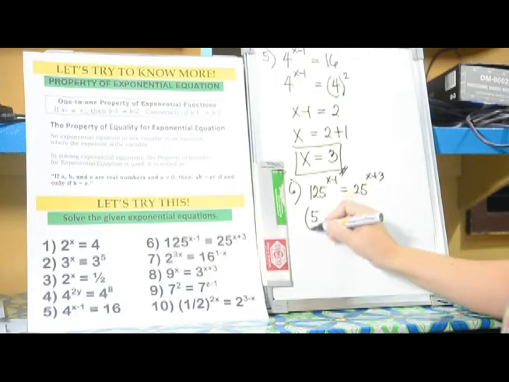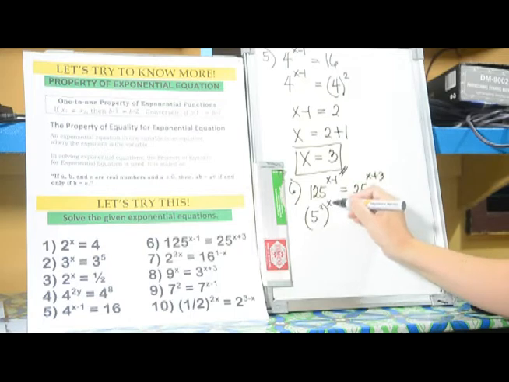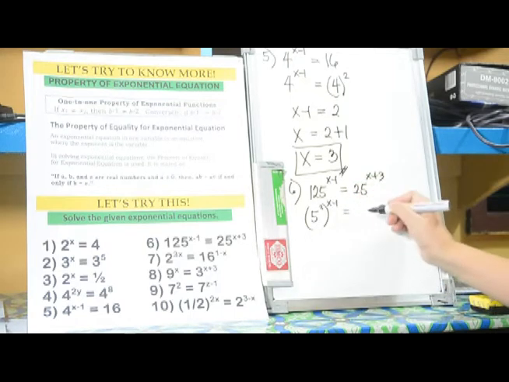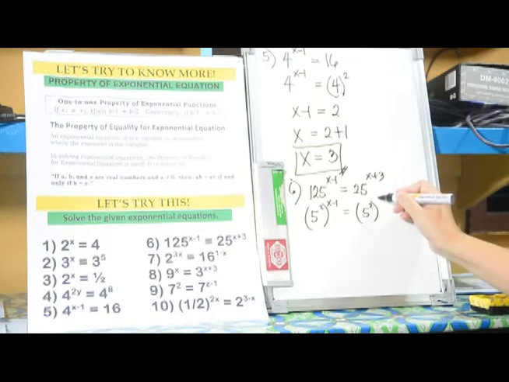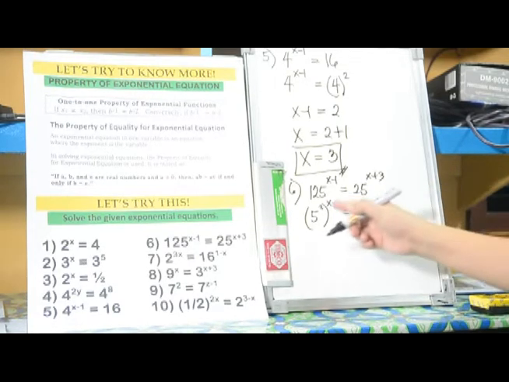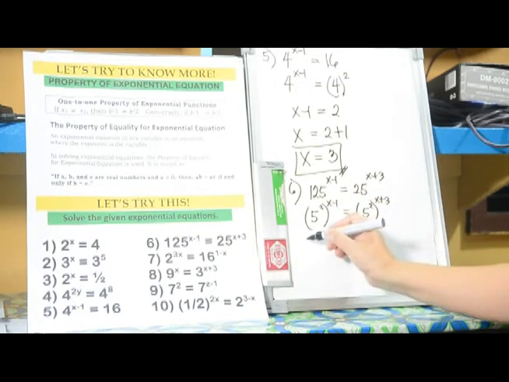So 5 raised to the power of 3, which is being raised to the power of x minus 1. This one is also 5 raised to the power of 2, which is also being raised to the power of x plus 3. So we have the same base, and then we distribute its coefficient, the exponents.